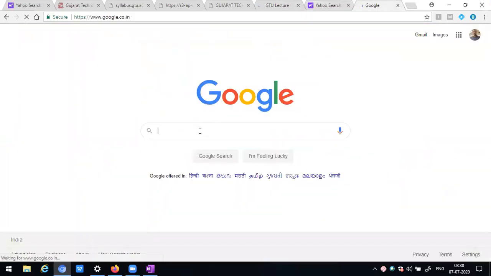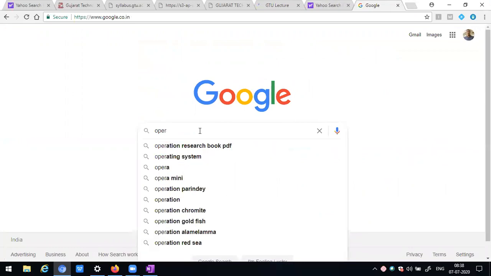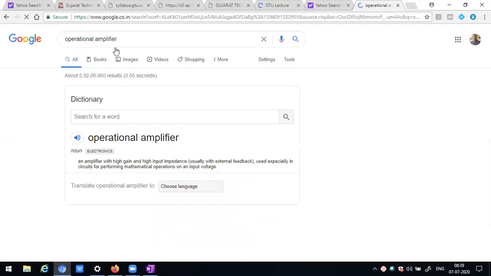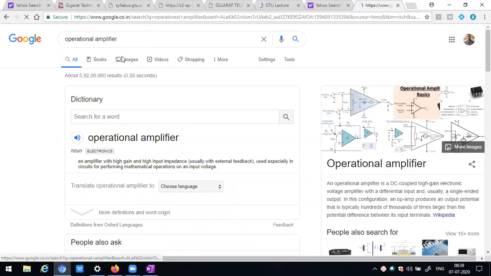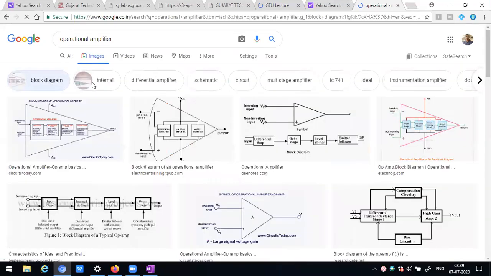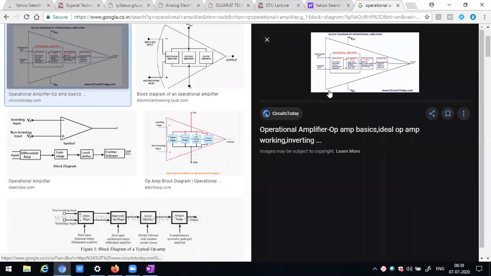See, simply I have searched Google for operational amplifier images. Go to the images section. See this. I have already mentioned that inside the op-amp there are four different blocks.